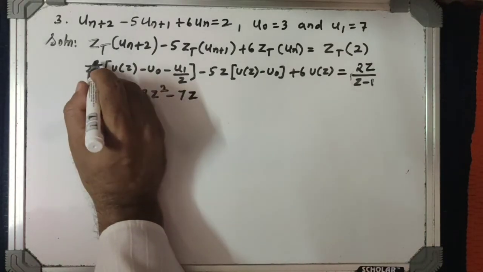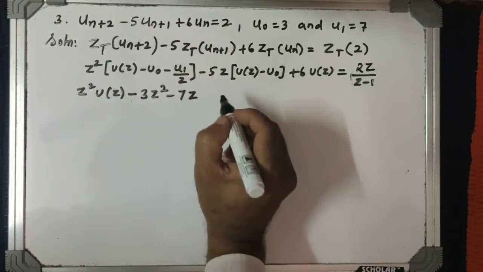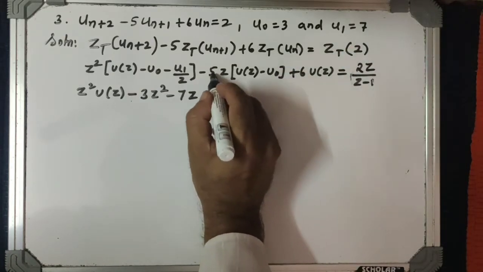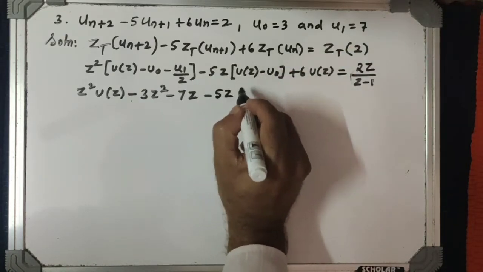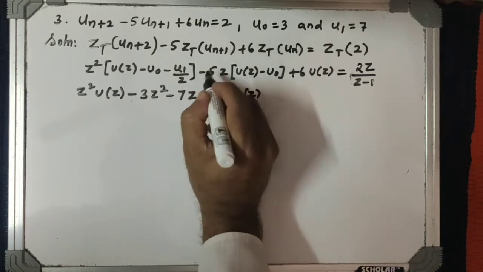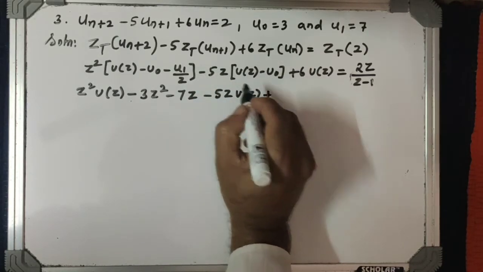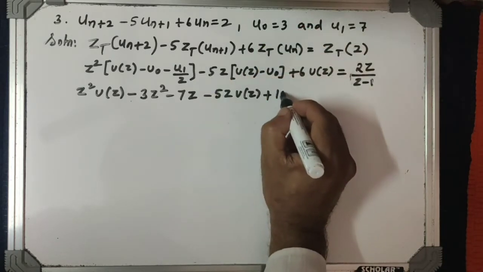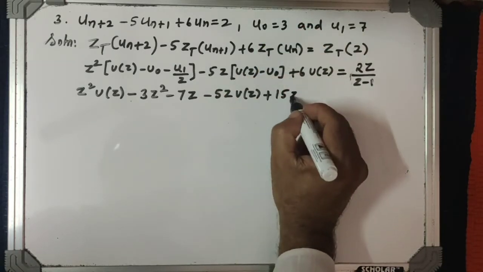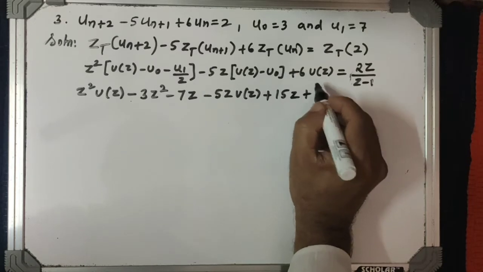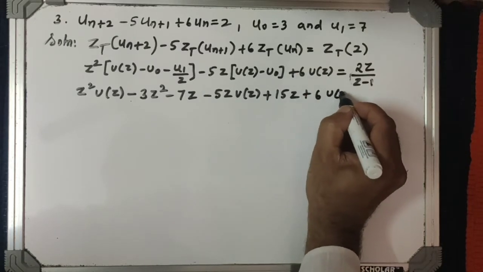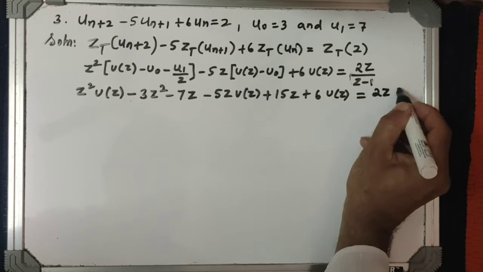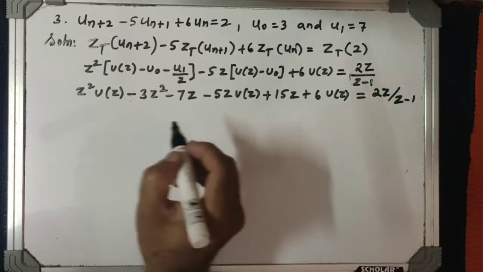So z square by z is z, so minus 7z, minus 5z into U(z), minus into minus plus 5z into u0 is 3, so 3 fives are 15, plus 15z, plus 6 times U(z) is equal to 2z by z minus 1.